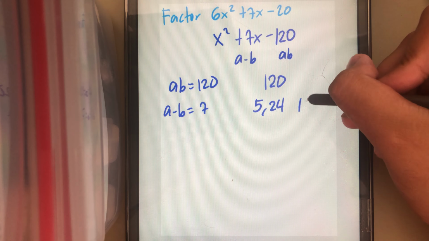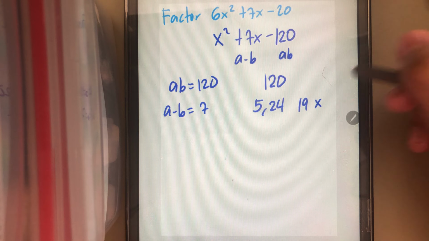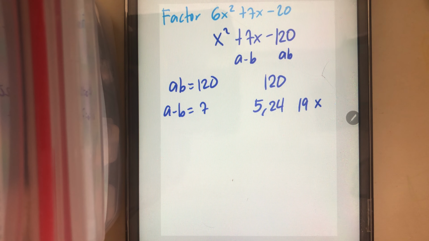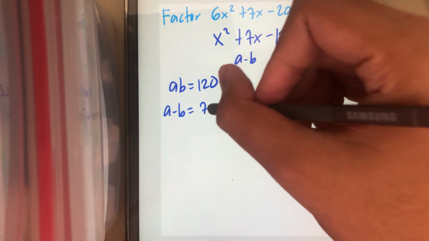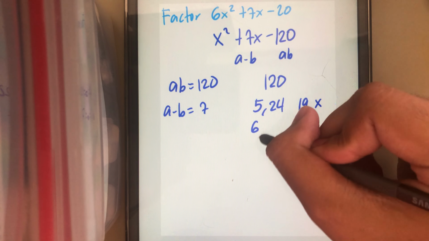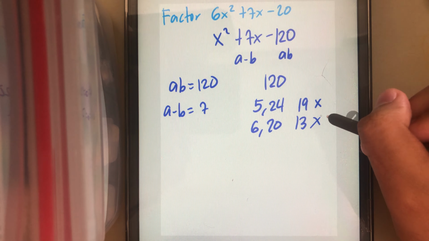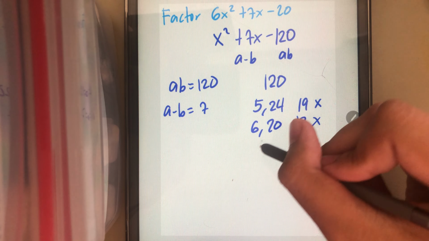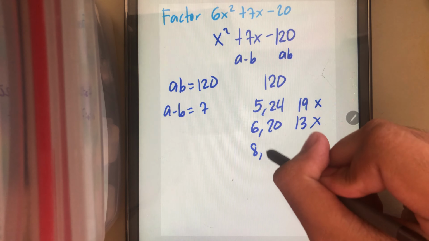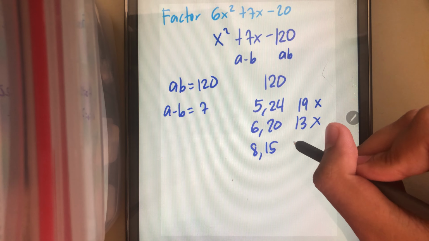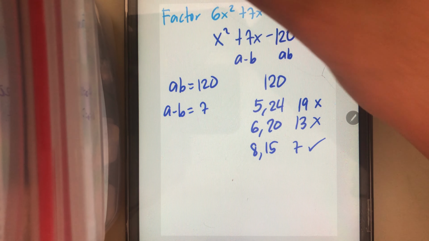Difference is 19, so it cannot be. Then 6 and 20, it's 13, so it cannot be. How about 8 and 15? It's 7, so we can use this.